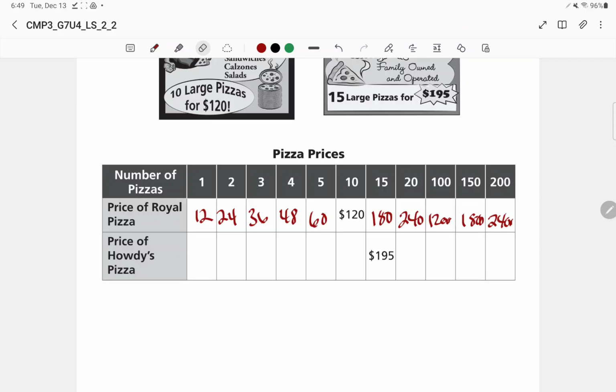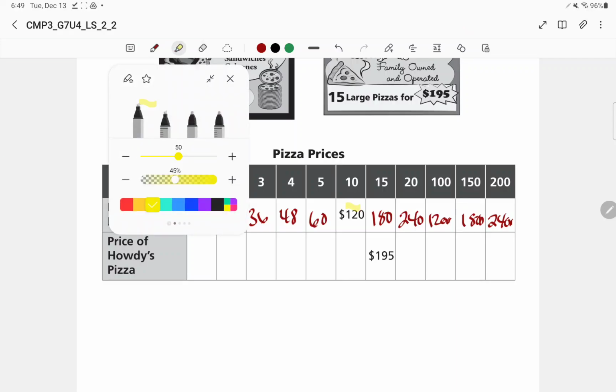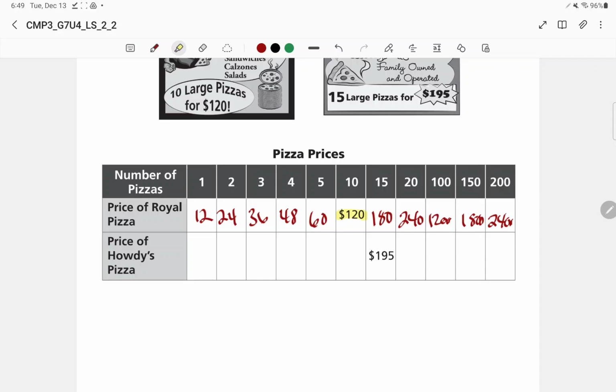So for the price of the Royal Pizza, if 10 of them were $120, then one is going to be $12, and then you can fill out the rest of the table from there. For the price of Howdy's Pizza, 15 of them are $195, and so one is going to end up being $13. And you can fill out the rest of those from there.